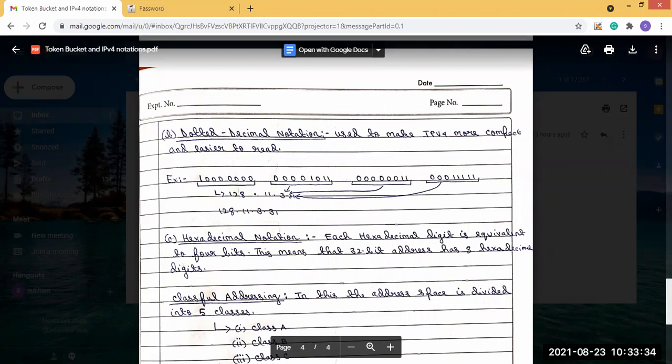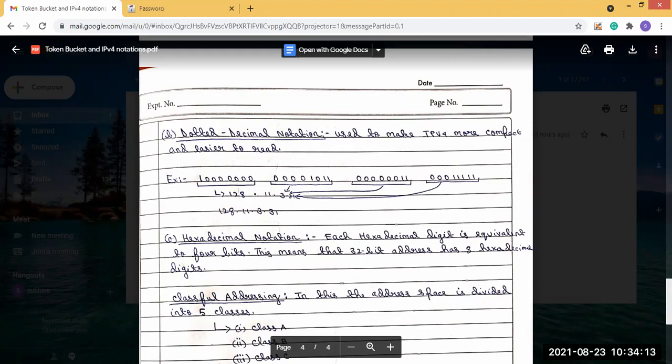In the mid 90s this was done. The address space is divided into 5 classes: class A, class B, class C, class D, and class E. In the next class, we will discuss class A, and how to find the class of an address.